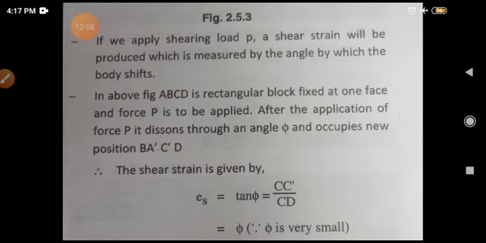In the above figure, ABCD is a rectangular block fixed at one face and force P is applied.